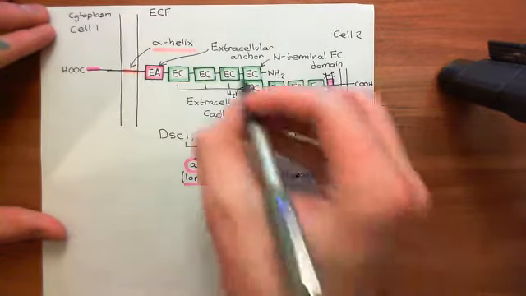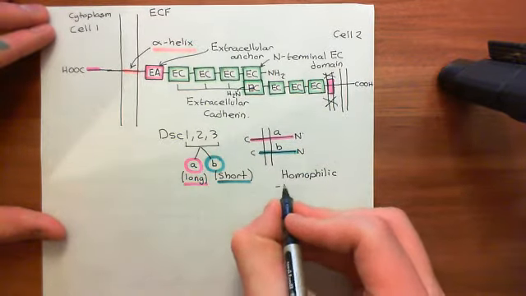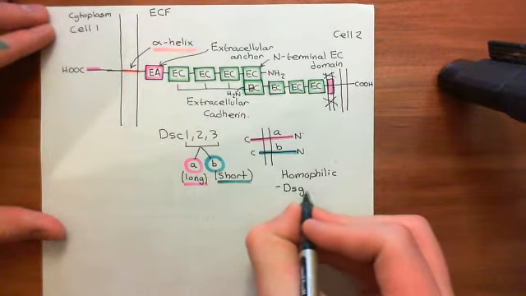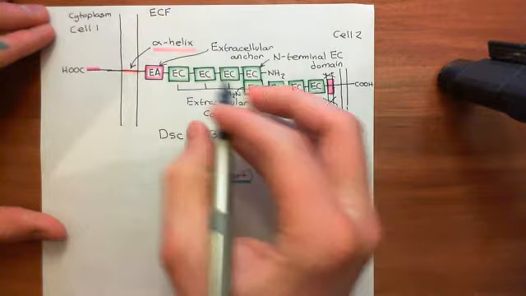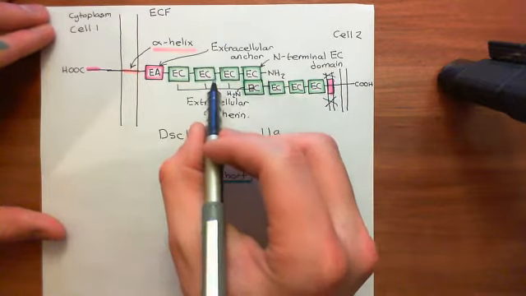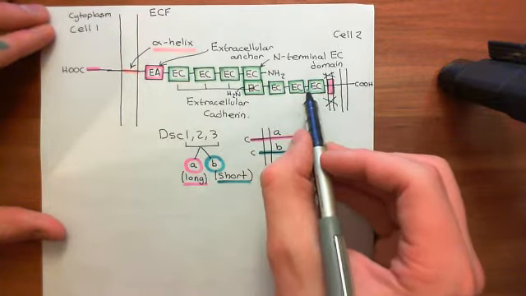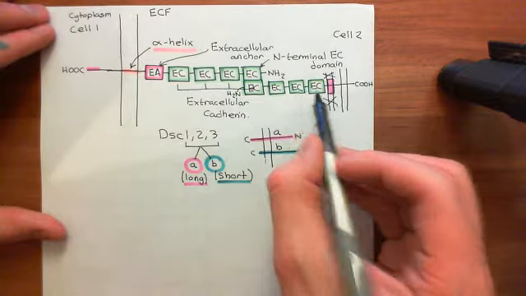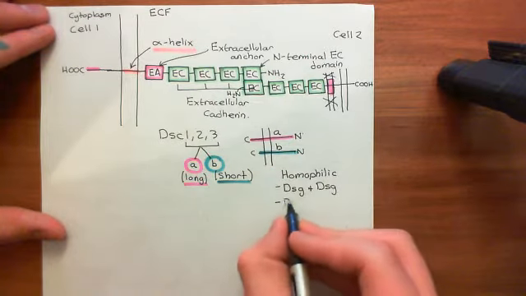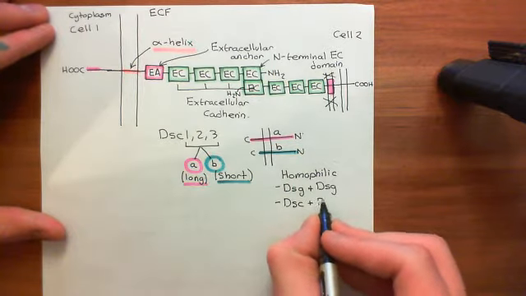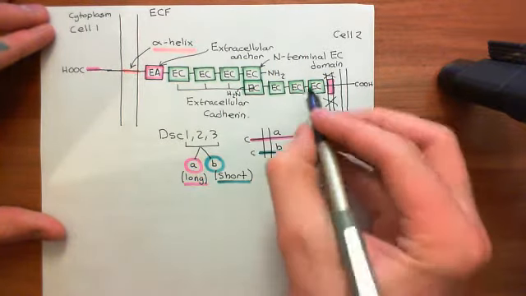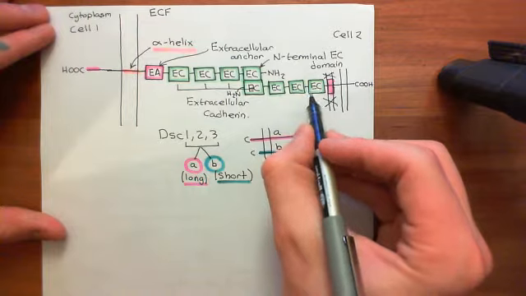Okay, so basically, they both need to be desmoglein, or they both need to be desmocolin. Okay, so number 1 will be a desmoglein desmosomal cadherin, and number 2 will be a desmoglein desmosomal cadherin, or number 1 will be a desmocolin desmosomal cadherin, and then number 2 will be a desmocolin desmosomal cadherin.